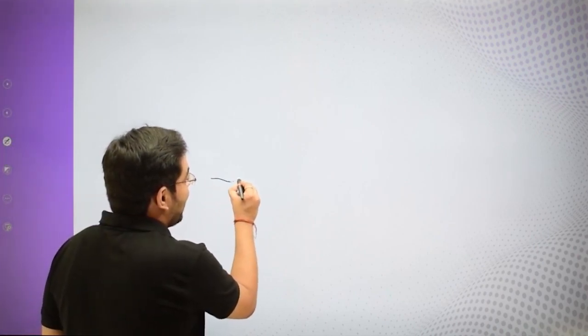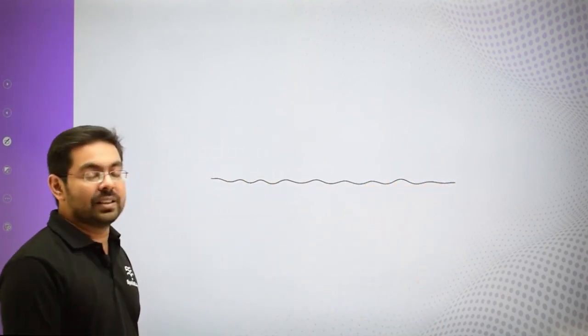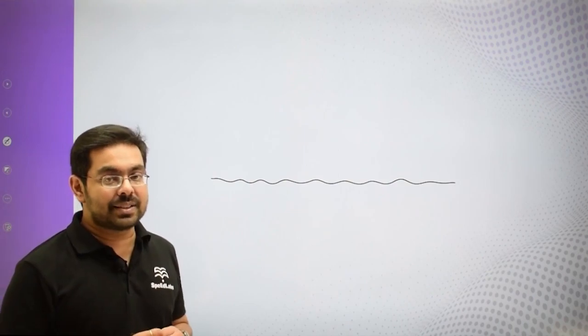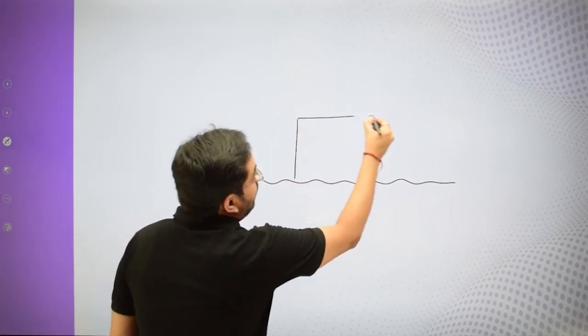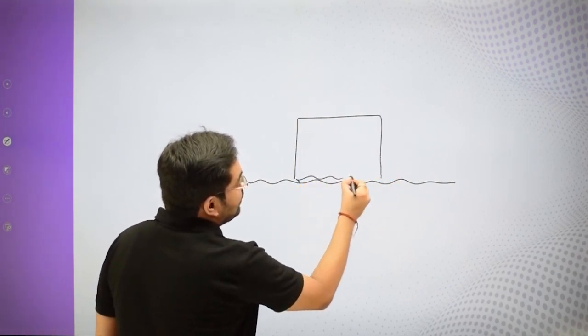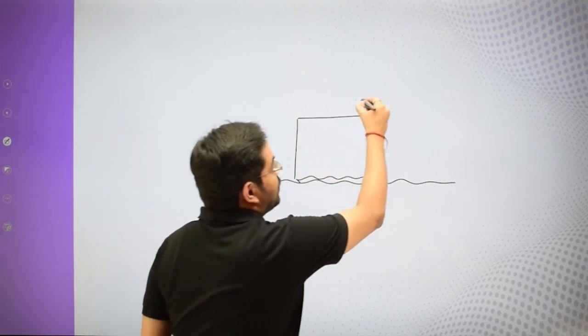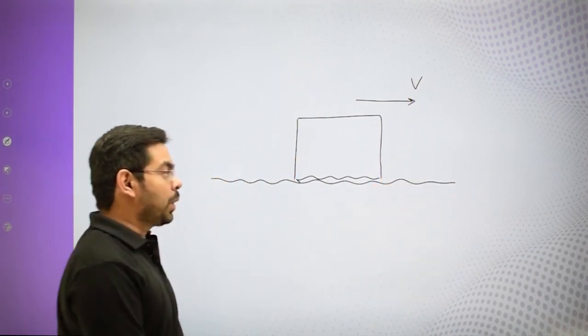Any surface has some irregularities at microscopic level. However smooth the surface may appear to you at first look, any surface has some irregularities, some zigzag shape. And when we put another block on this surface, it also has some irregularities of its own. So when the upper block tries to move in the forward direction with, suppose, some velocity v, then what will happen?